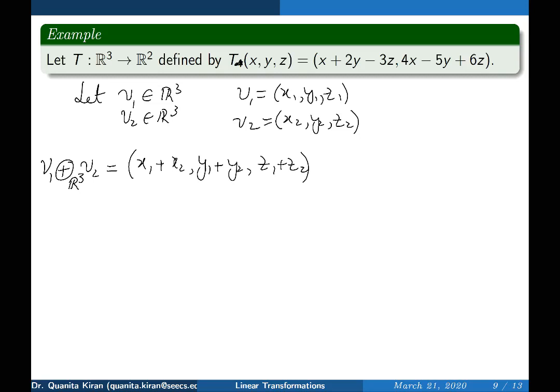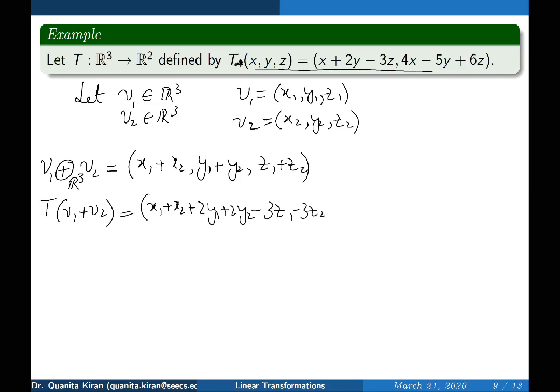Now if we take the image of this sum V1 plus V2 by using this definition of T, applying it on the sum would give (x1 plus x2 plus 2y1 plus 2y2 minus 3z1 minus 3z2, 4x1 plus 4x2 minus 5y1 minus 5y2 plus 6z1 plus 6z2).